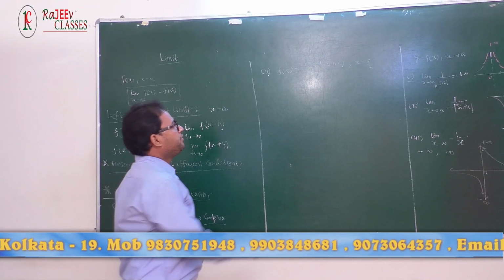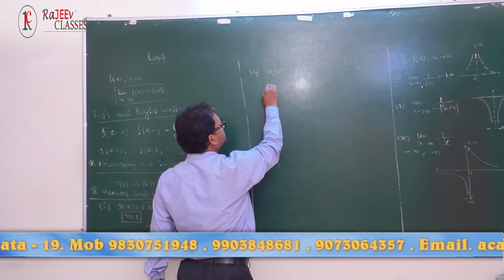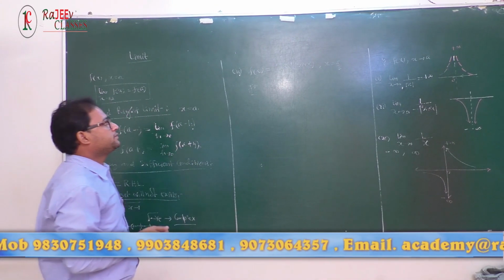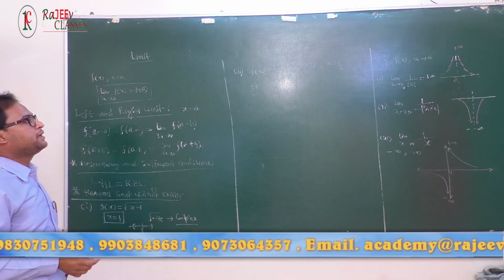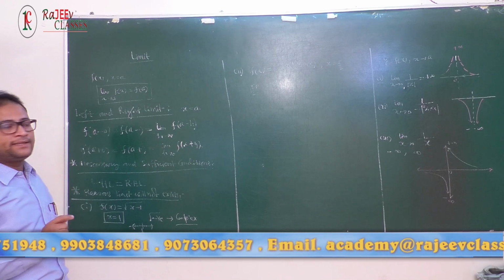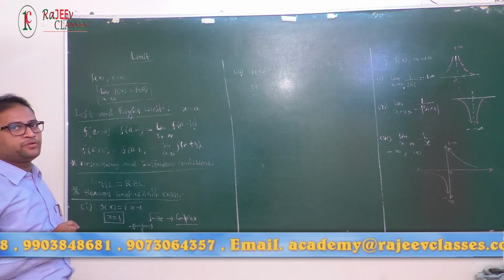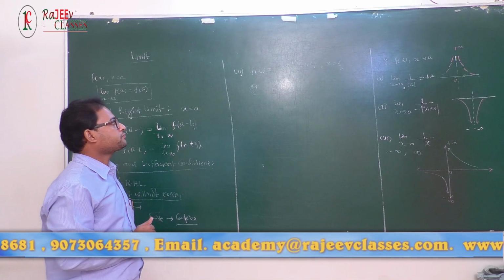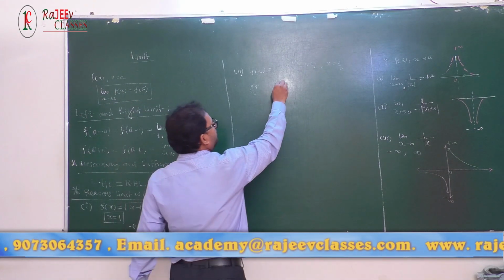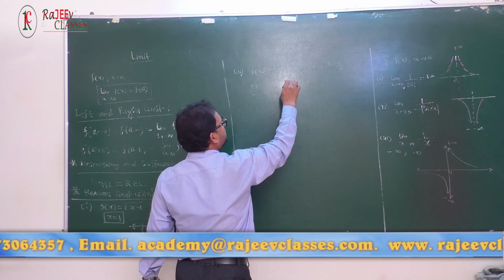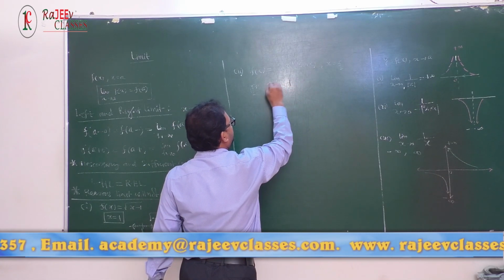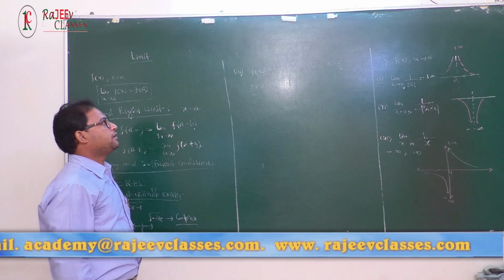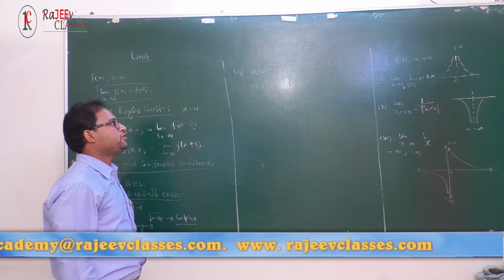Now what will happen when we take the value just more than pi by 2? In that case, sin of pi by 2 plus gives a value which is less than 1, and in that case sec inverse is not defined. We know that sec inverse is defined for values more than 1 or less than or equal to minus 1. When we take any value which is less than pi by 2, in that situation also, in case of the left hand limit, we have sec inverse of sin of pi by 2 minus 0.